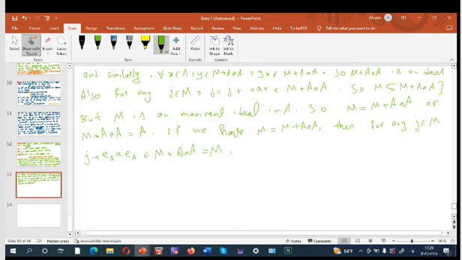So there exists a J1, for example, in M such that J plus EA equal to G1, and this is equal to A, okay?